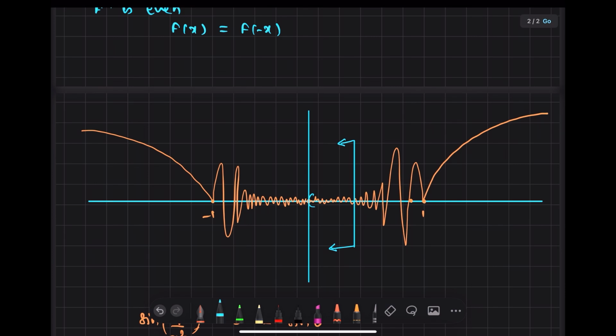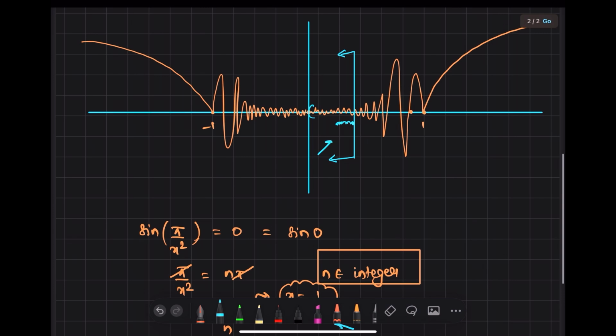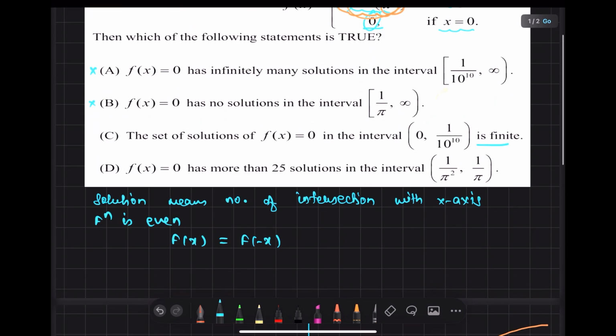From here the zeros will start, but they will never end, because the number of zeros depends upon n, and n tends to infinity because there are infinite natural numbers. So in this interval there will be infinite roots, because it starts but never ends. They are saying it is finite, so this option is also wrong.